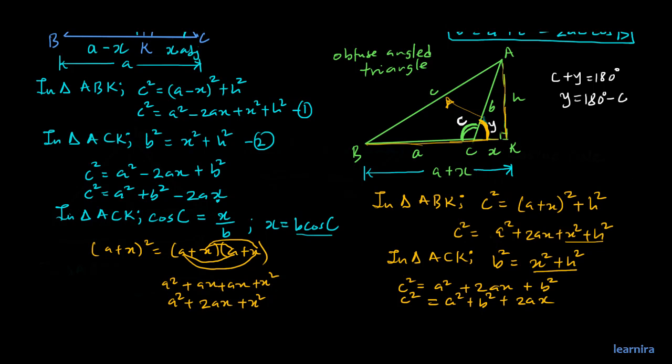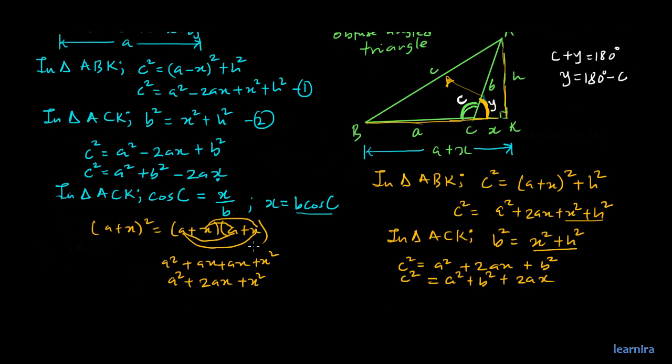Now we can find the cosine of the angle y, which is 180 degrees minus C, which is equal to the adjacent all over the hypotenuse. You know, the cosine ratio is always adjacent over hypotenuse. So this is the hypotenuse for the small triangle, this is the opposite, and this is the adjacent.